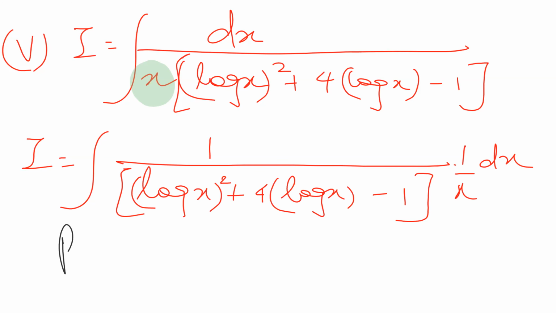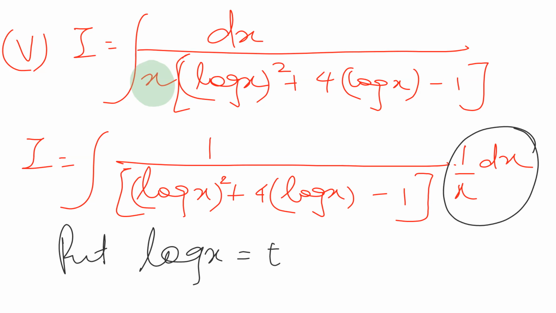I'll just give you the hint. Put log x equal to t. So 1 upon x dx will be dt once you solve. 4-mark problem.